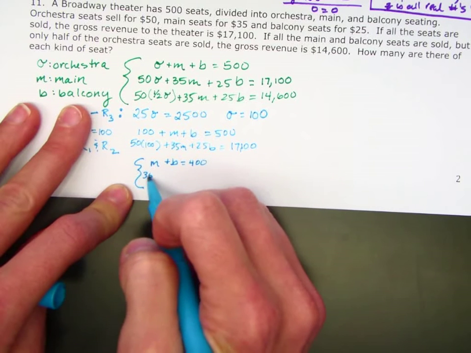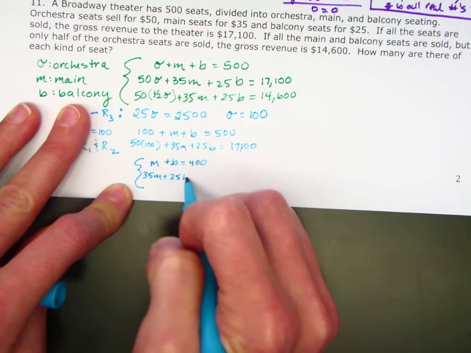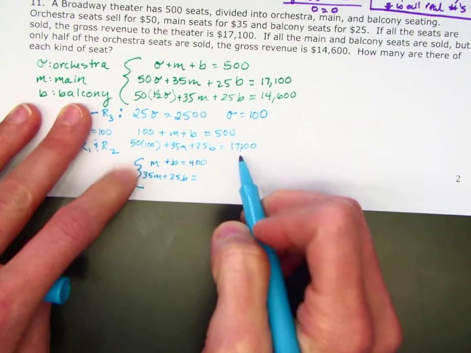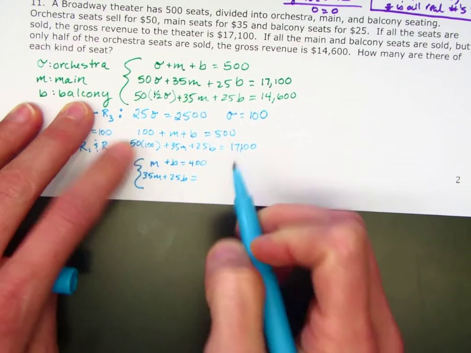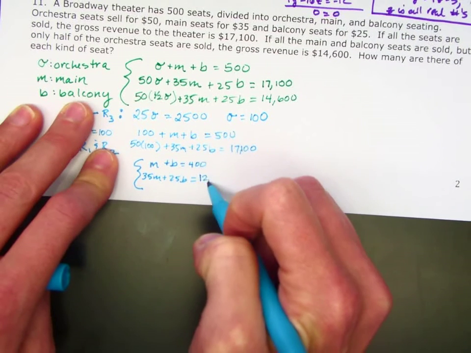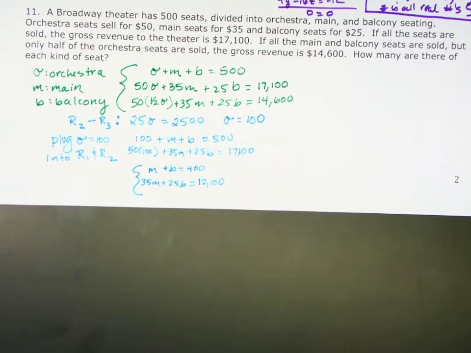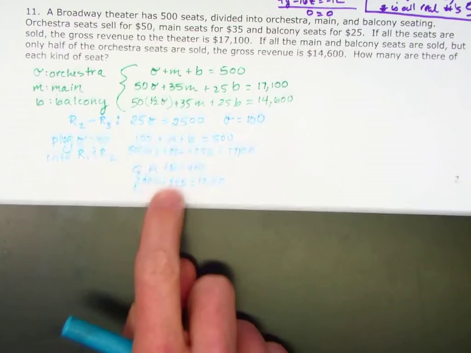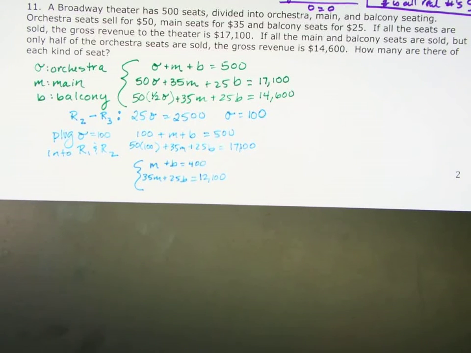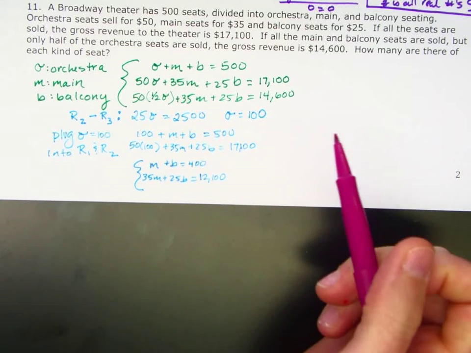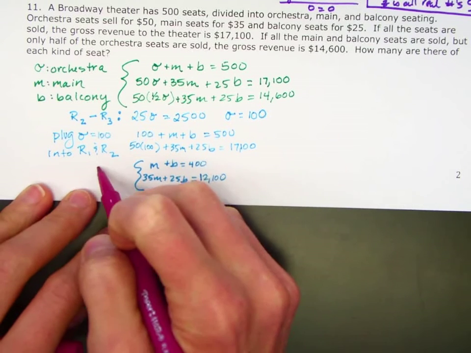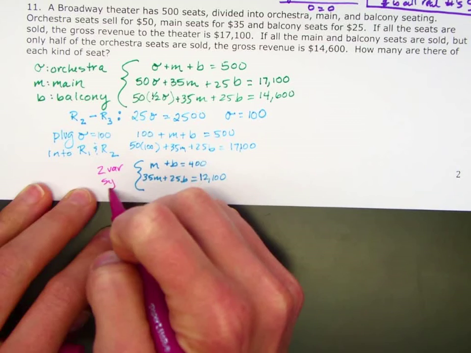So this is going to be 35M plus 25B equals, and when I subtract 5,000 from both sides, I get 12,100. Okay? So now I just have a two variable system. All I need to do is solve. We can use substitution, we can use elimination. I think that I am going to use elimination. So this is my two variable system now.